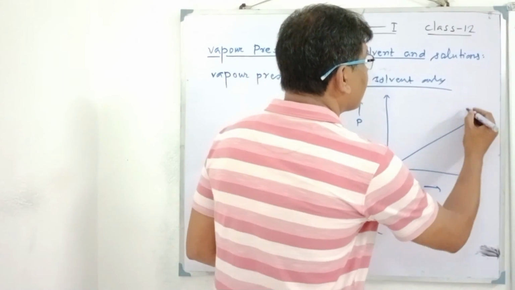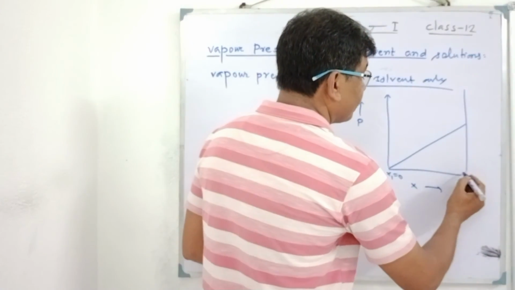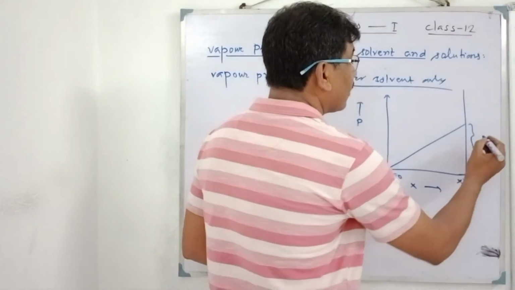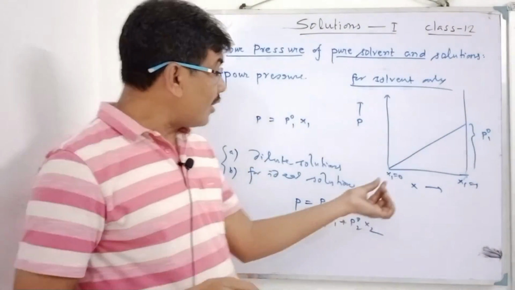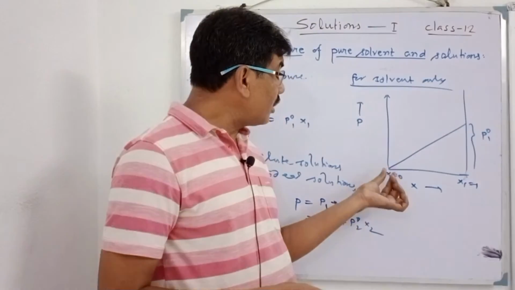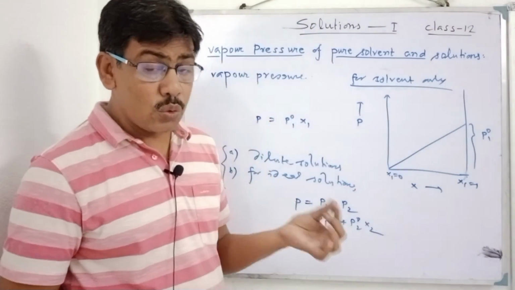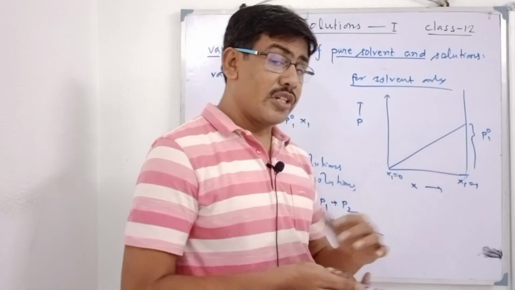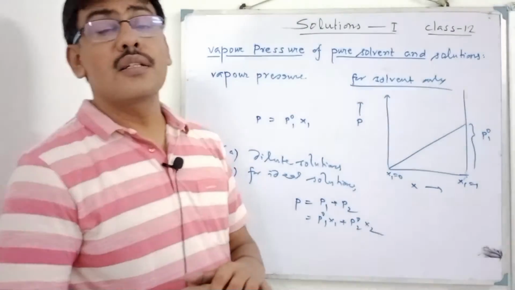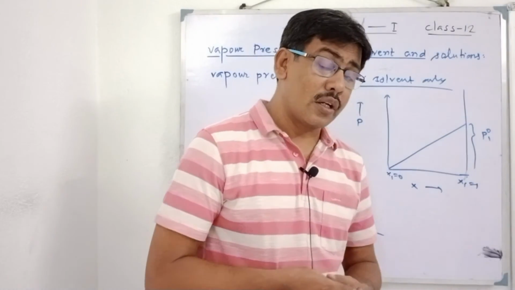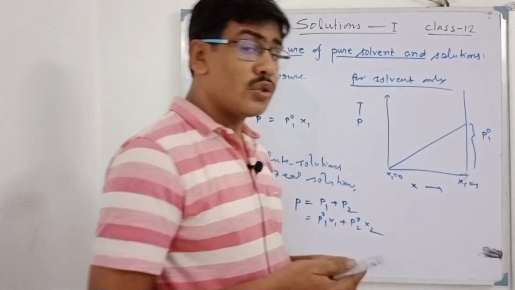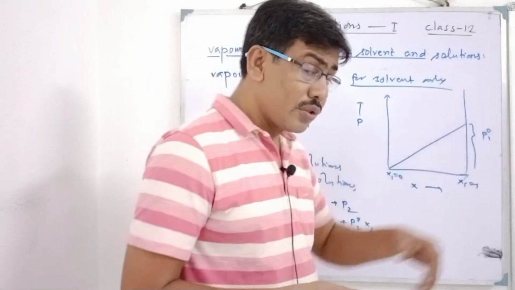The graph is like this, starting at x1 equal to 0, and if you increase the x1 value, the vapor pressure increases and becomes highest at x1 equal to 1. This is the pure solvent, and this is the vapor pressure of pure solvent, P01.